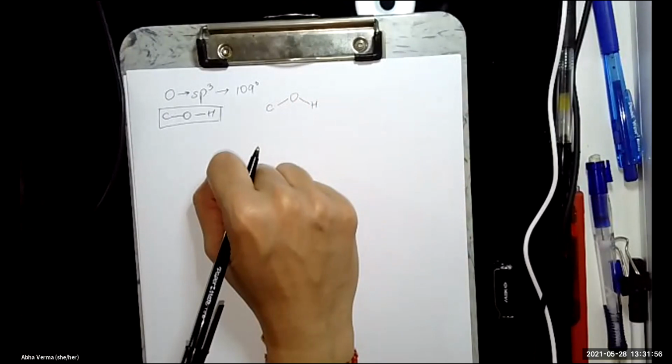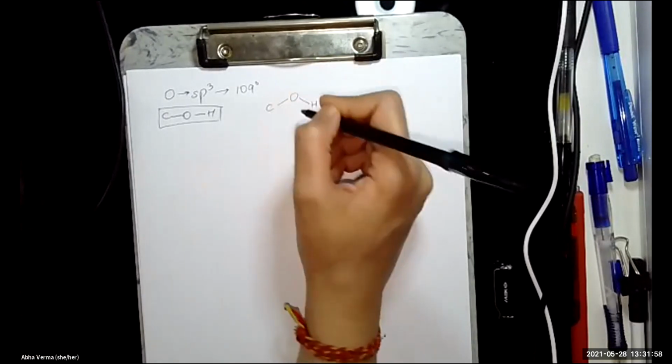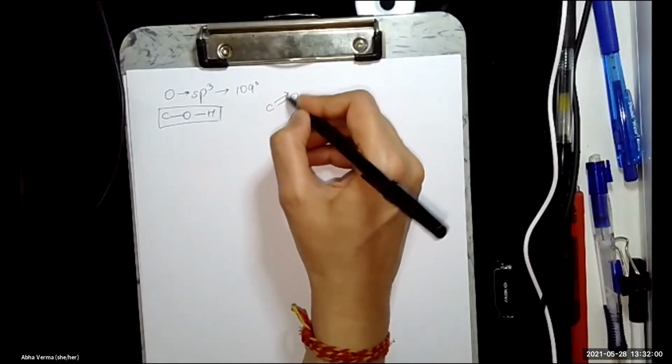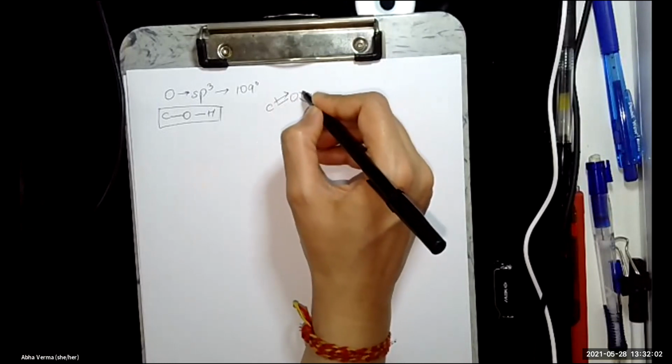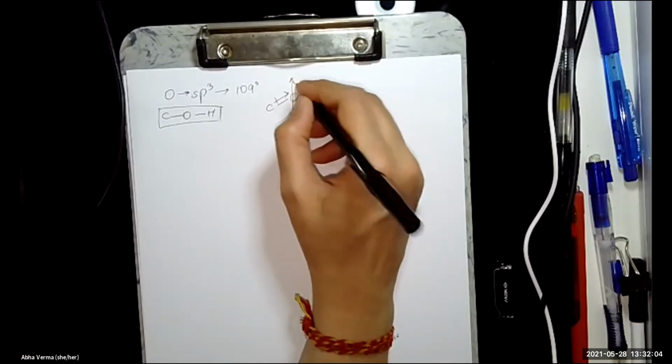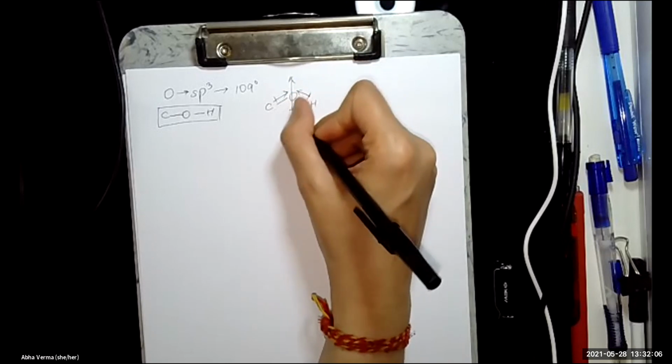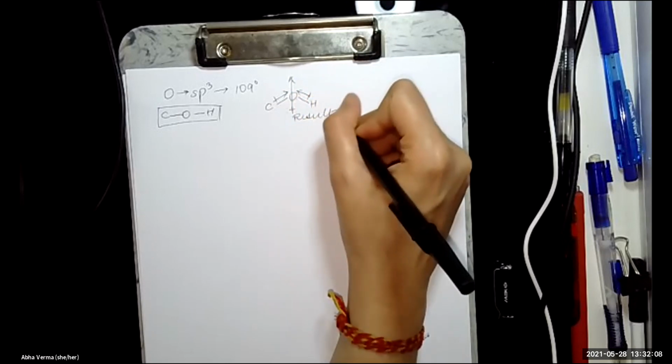Like a zigzag. And with this piece of information, there will be a resultant dipole moment.